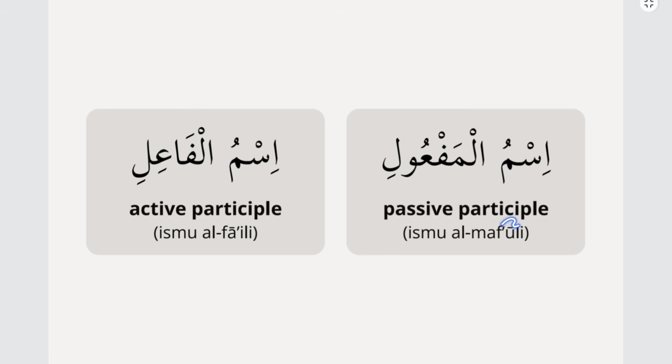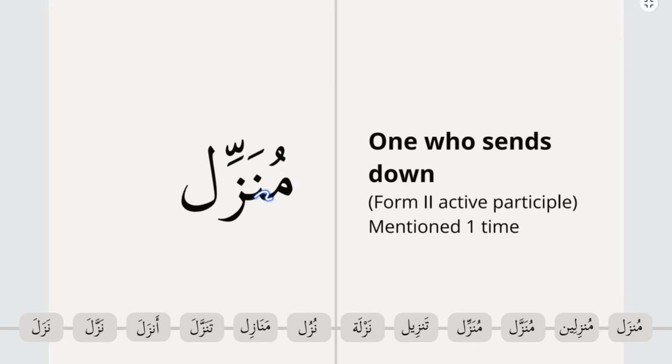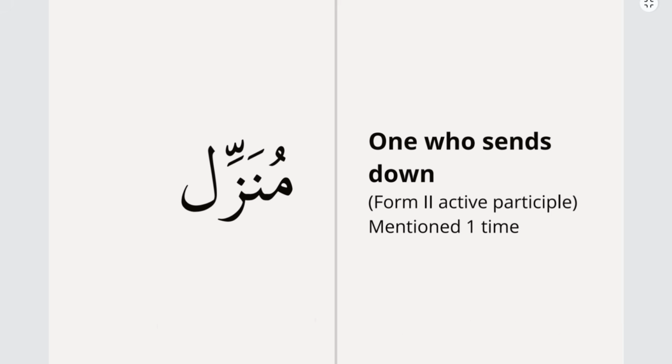Finally, let's look at the participles. The words describing the one doing the action or the thing and the one receiving the action. The first word is munazzil. Munazzil was mentioned one time only in the Quran. It's active participle, so it means the one who sends down.